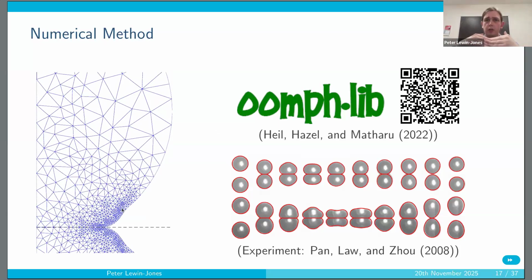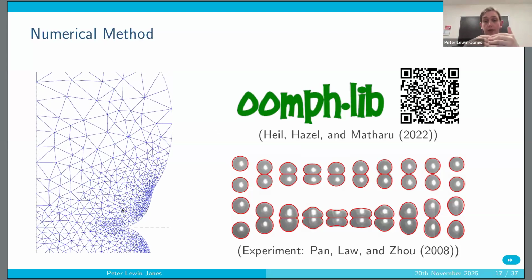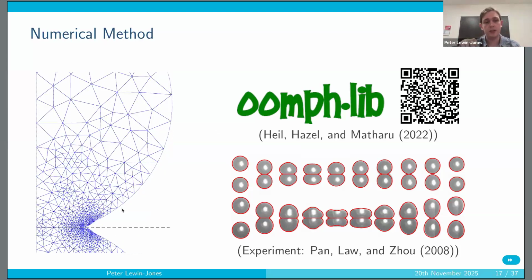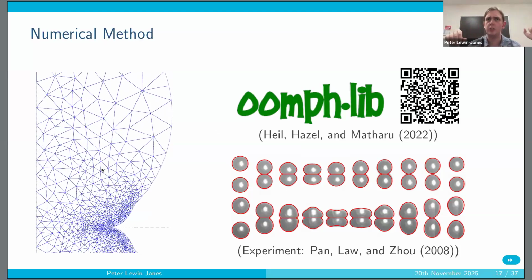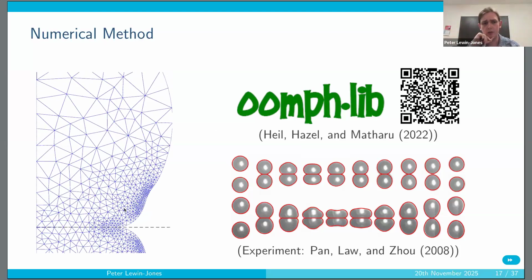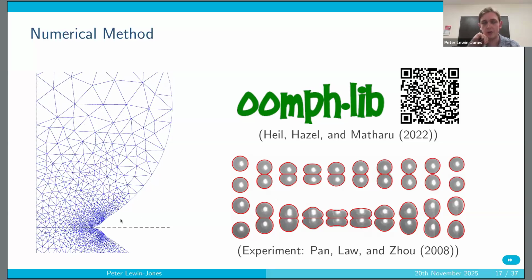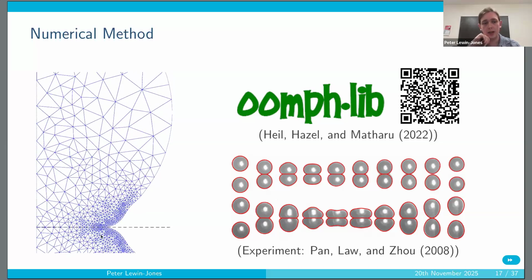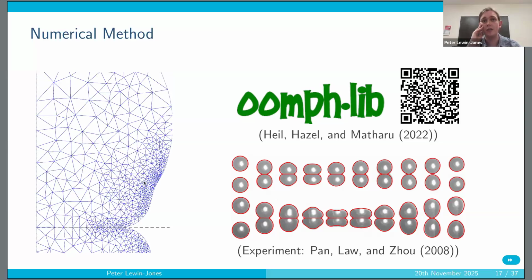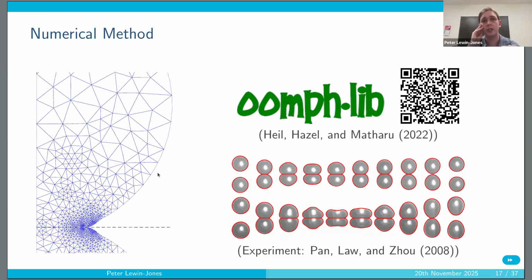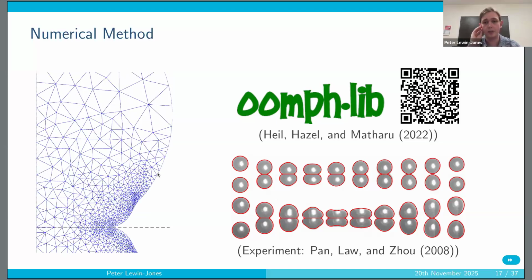Then you update the velocity of the surface of your mesh based on what you've calculated, and then you move the interior elements of your mesh, treating the mesh like an elastic solid. That allows you to move the mesh with the solution that you found for the position of the drop. What this moving mesh method has let us do is resolve very, very thin films, because the position of the mesh tells us how thick the gas film is.